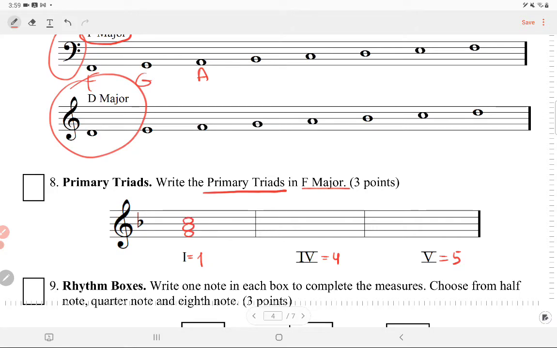Now you have to figure out what your 4th note in F major is. Well, that should be easy. Again, think of the alphabet: F, G, A, and B. Well, in this case, B flat, because you're in F major. So that's your 4th note. How can you find B flat from F?